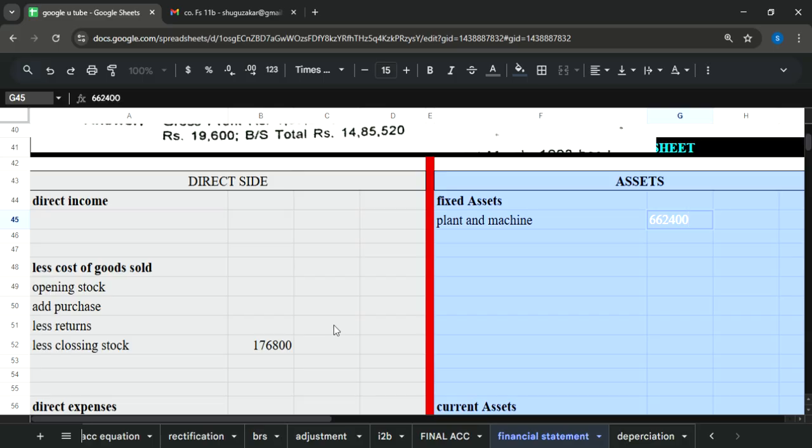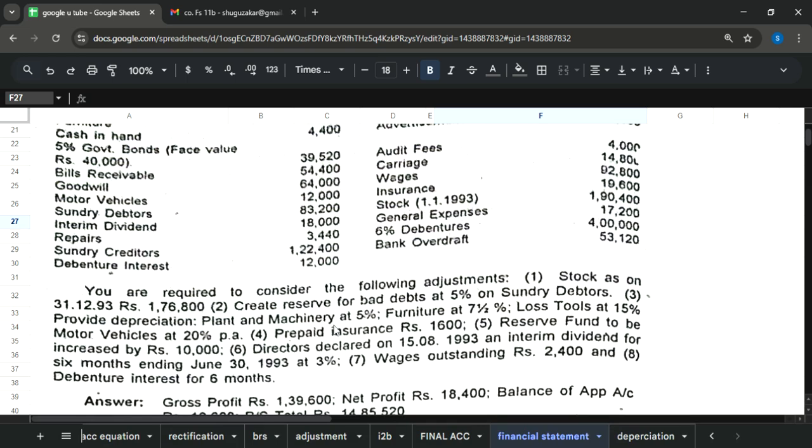Value of plant recorded. Now we will record its depreciation. How? Double 6,62,400 value of machine, and the rate of depreciation which is described over here is 5%.